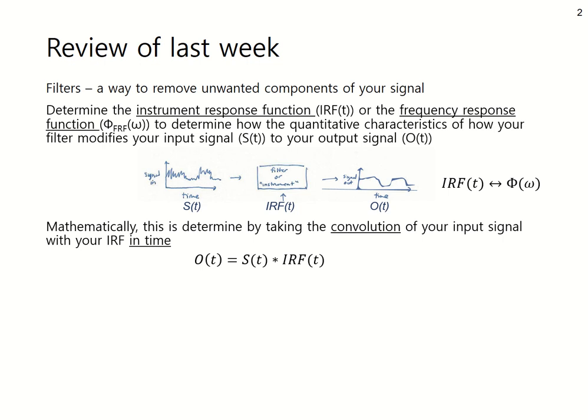So mathematically, how we determine this output signal based on our instrument response function and our input signal is by taking a convolution, where remember this asterisk symbol here represents a convolution.